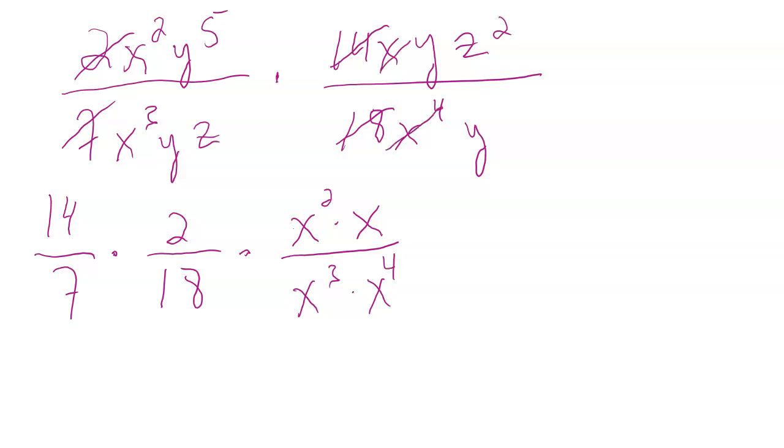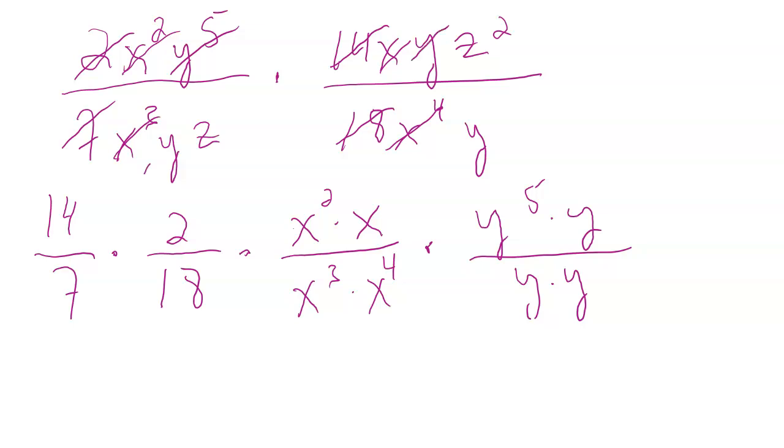I'm going to group all the y's together, their own little partial fraction, y times y. Boom, boom, boom, boom. Okay, and then I'm going to do the z's together. So I get a z squared over z.